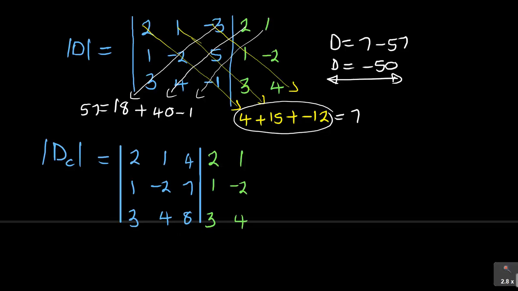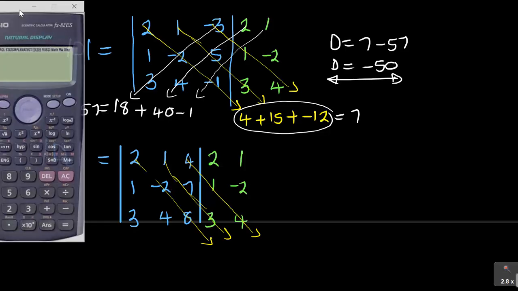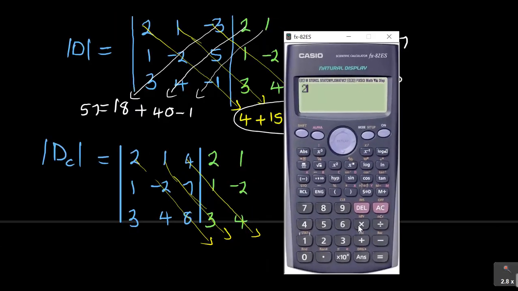So if I do that, I have to evaluate this particular matrix. So that's what I have, and this is what I have here. I'll be multiplying that, and I'll be multiplying that. I'm just using a faint line so that I can see, which is 2 times minus 2 times 8. I can actually use a calculator for that, which is 2 times negative 2 times 8, which is negative 32.